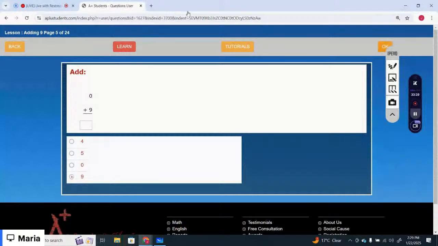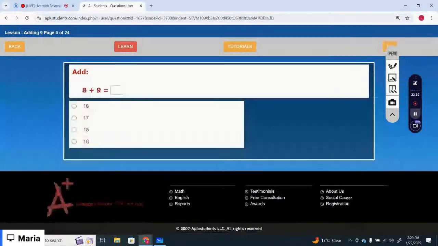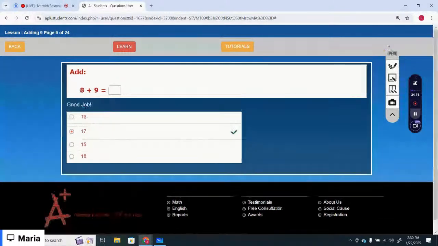The last option is the correct option. 8 plus 9 makes 17. The correct option is option number 2. 17 it is.